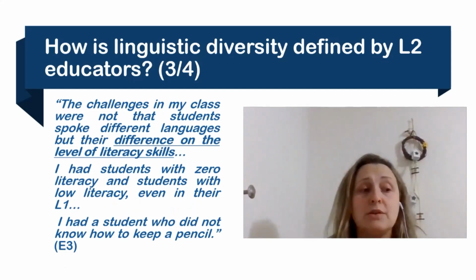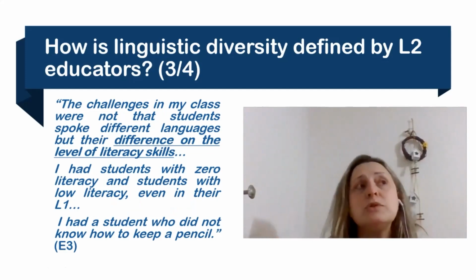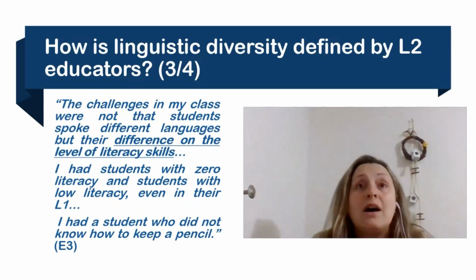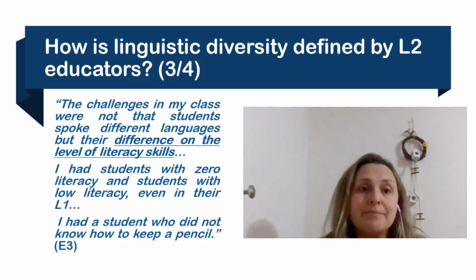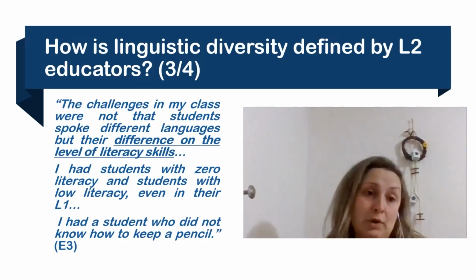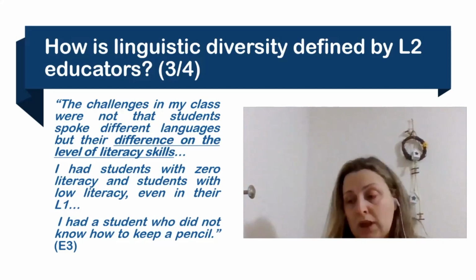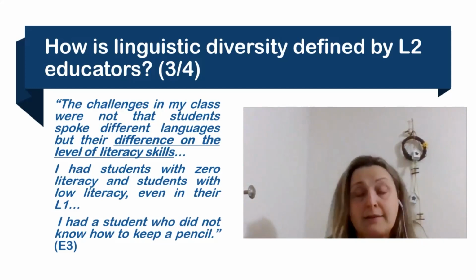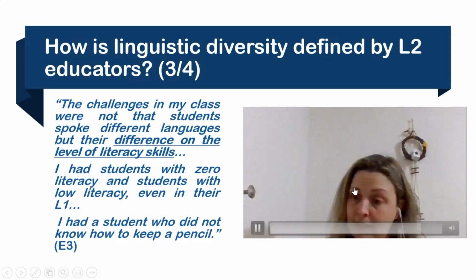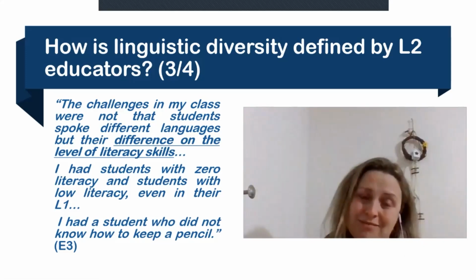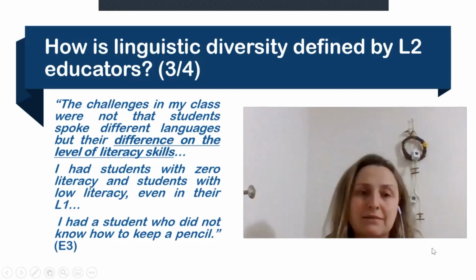I had students of zero literacy to students with basic literacy, because most of them experienced the war and were obliged to abstain from schooling, the children and the women, because I also had classes of women who were illiterate, most of them, or basic.